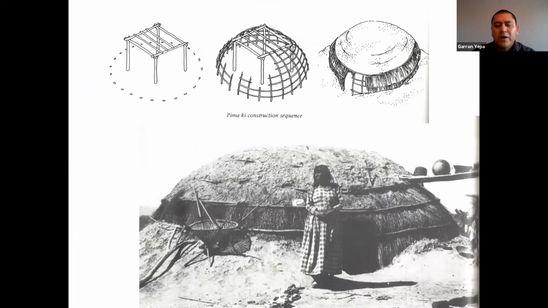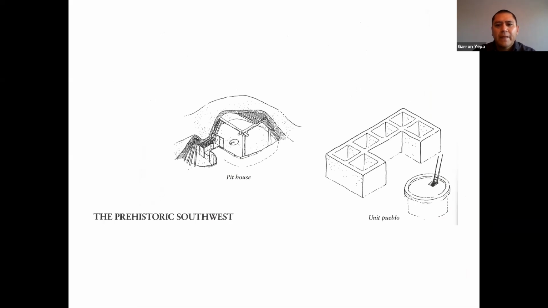Similar to the Pima and Papago dwellings, these ones are actually inset within the earth, and later forms took on a rectilinear shape, but they often had that jacal construction, and are deeply associated with shade structures as well that augment these spaces. And so these are Southwest responses to the climate.